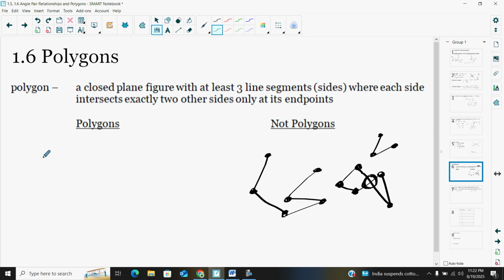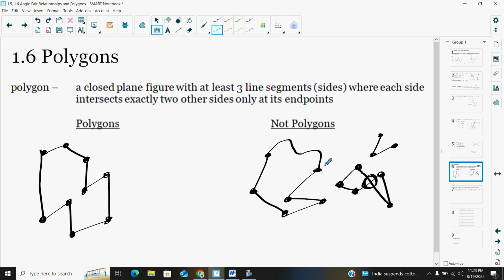Something like this is a polygon, as long as that's straight. They all do have to be straight lines as well. So even if I close this, not a polygon because that's not a line segment. They all need to be line segments.